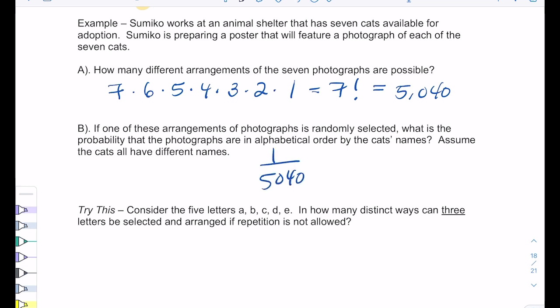Every cat has an equal chance of being placed first, but it depends on the letter of their name and where it falls in the alphabet. So there's 1 out of 5,040 ways.